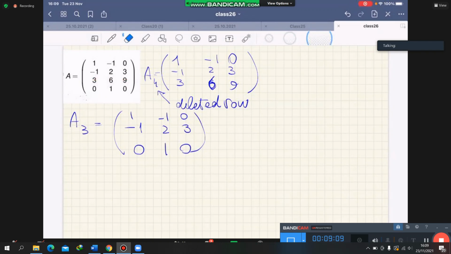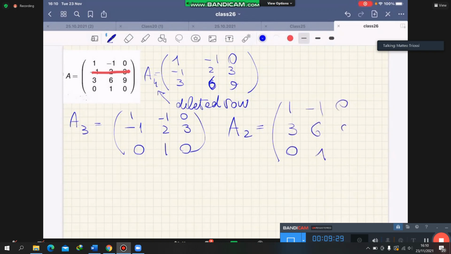And again, we have to delete the second row and we get our A2, which is equal to 1, 3, 0, minus 1, 6, 1, 0, 9, 0.